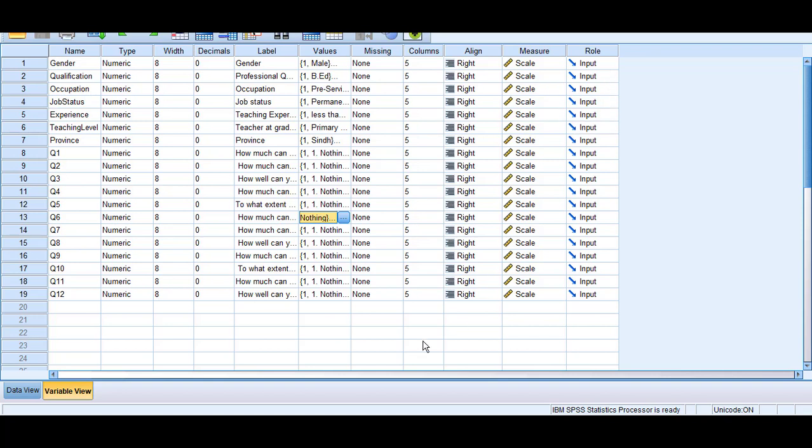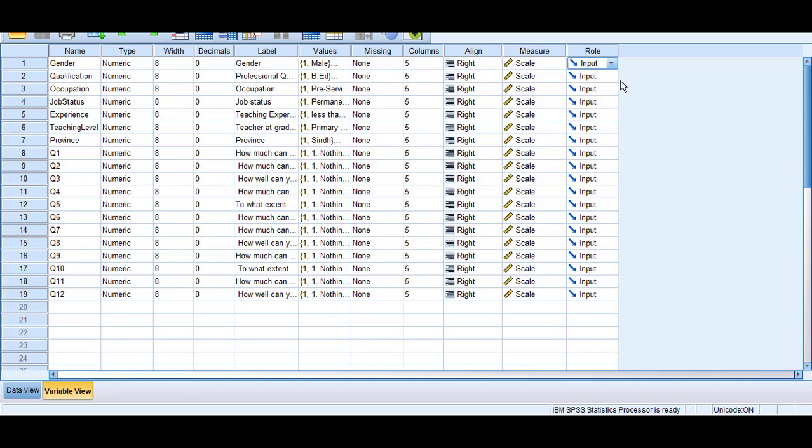Secondly, the role. The question asks about the role. SPSS provides roles. By default, the role is input. But there are some other roles, target, both. For example, if your variable is a predictor or criterion variable, like when you are using regression, you can consider it a target variable, a variable where the effect has to be seen.